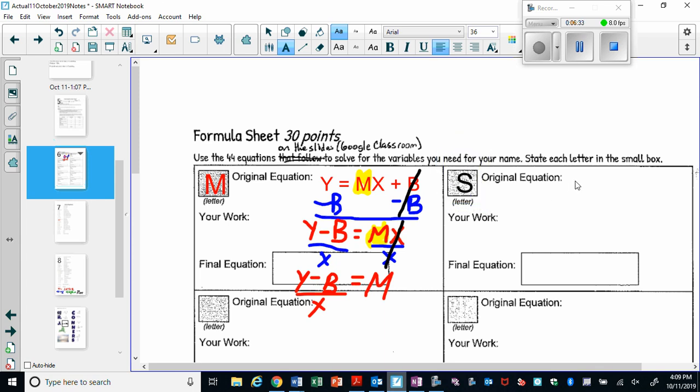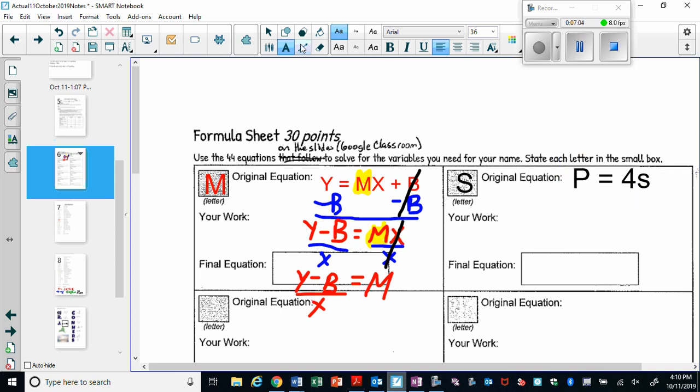Now we need to figure out another equation. One example is the perimeter of a square. The perimeter of a square is P equals 4S, or 4 times S. Now, in this case, this is one step and only one step.